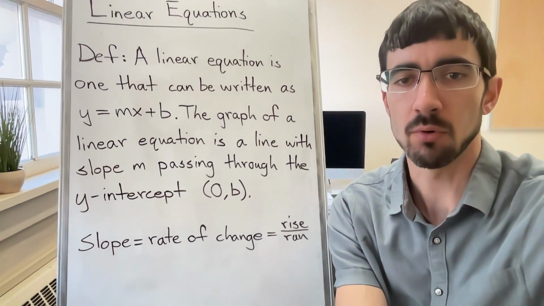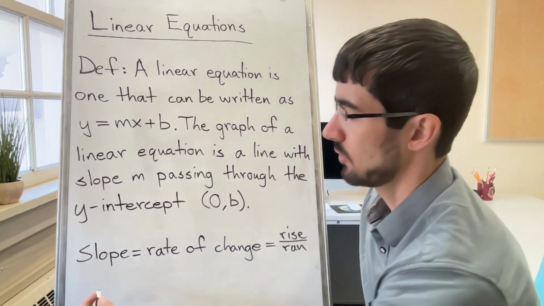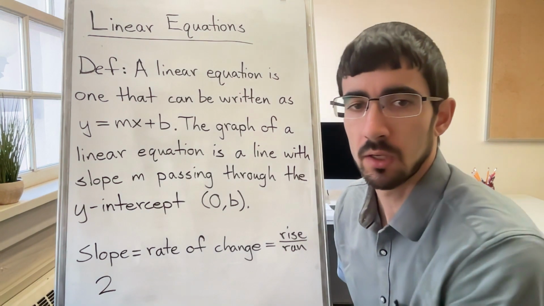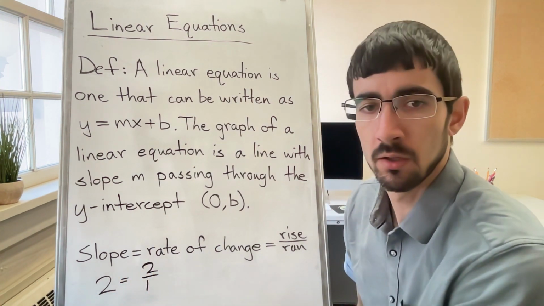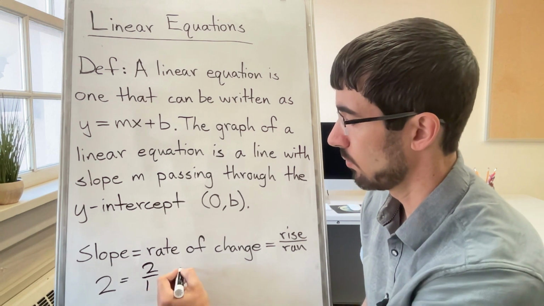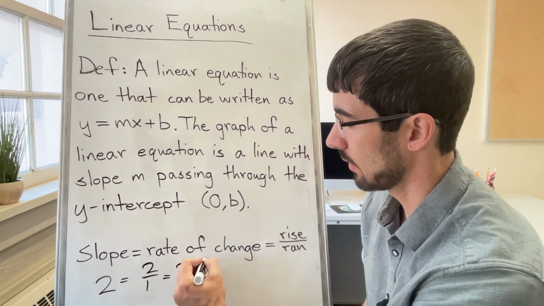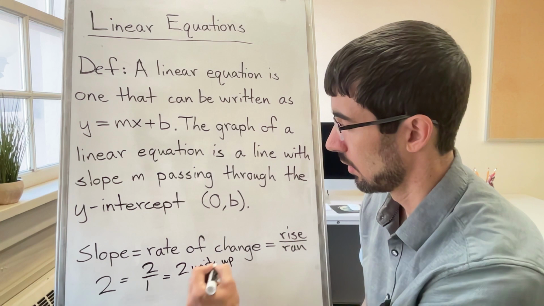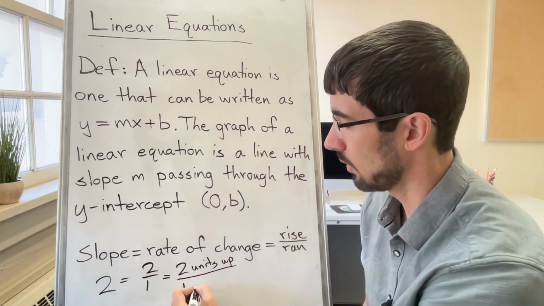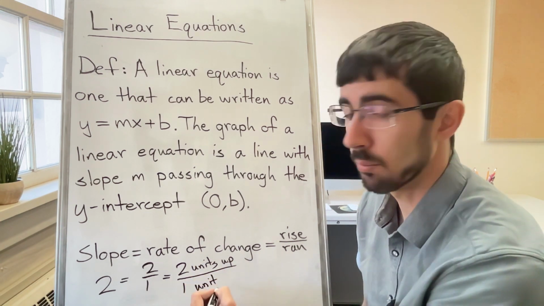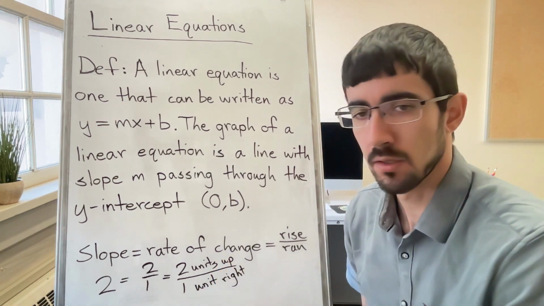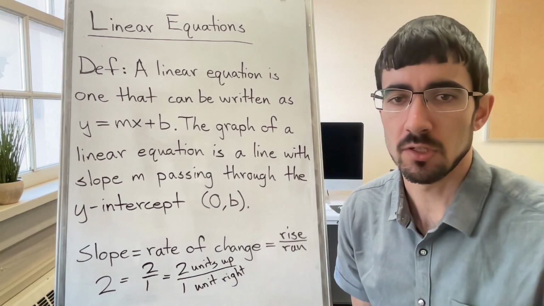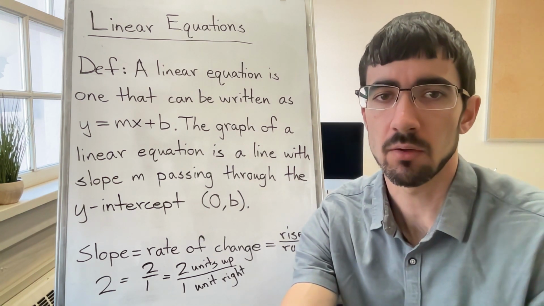So for example, a slope of 2 can be interpreted as 2 over 1, which means that this graph moves 2 units up for every 1 unit in the positive x direction, which is to the right. That's how I would interpret slope as we look at an equation.